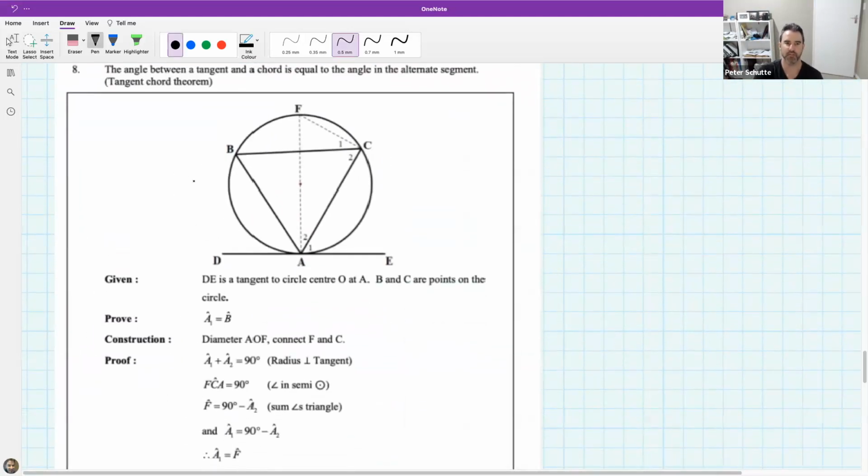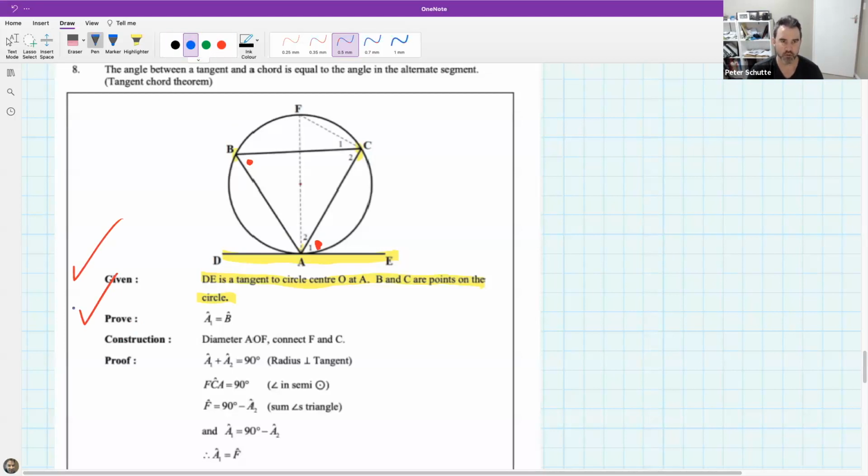It's a tangent, and we have some points on the circle. We need to prove that A1, which is this one over here, is equal to B. That's what we want to prove.